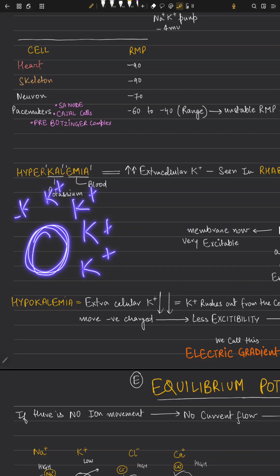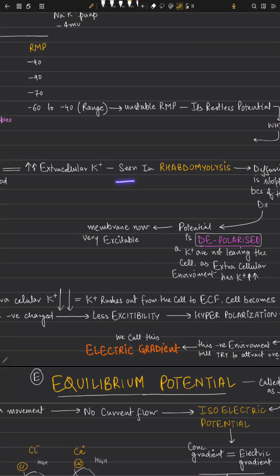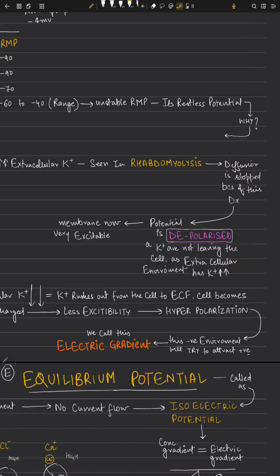This will create a deficit inside the cell. Cool. Again, a lot of positive outside, seen in rhabdomyolysis. Diffusion is stopped because of this disease, and the potential is depolarized as K is not leaving the cell, as the extracellular environment has a lot of potassium.